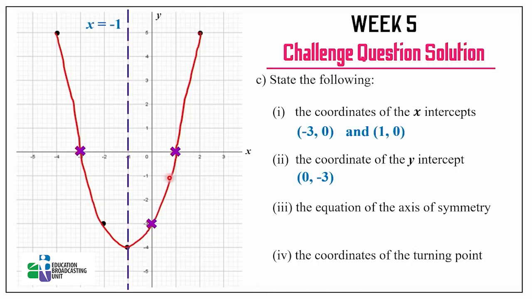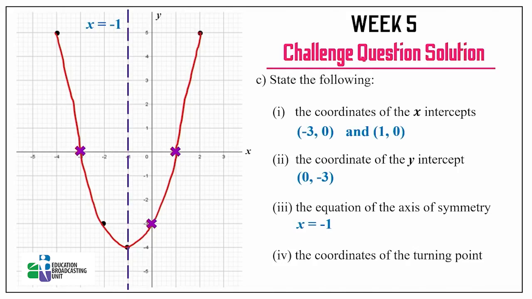It is x equals -1 because no matter which point I choose on this line, x is always going to be equal to -1. And so if I choose this spot here, for example, this point would be located at -1, 1. How about this point? -1, 4. And so the equation of our axis of symmetry is x equals -1.